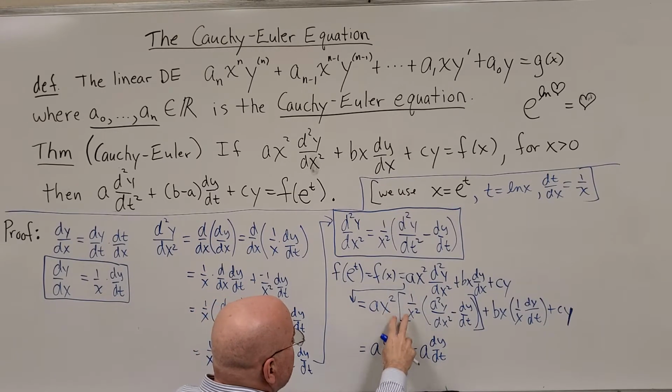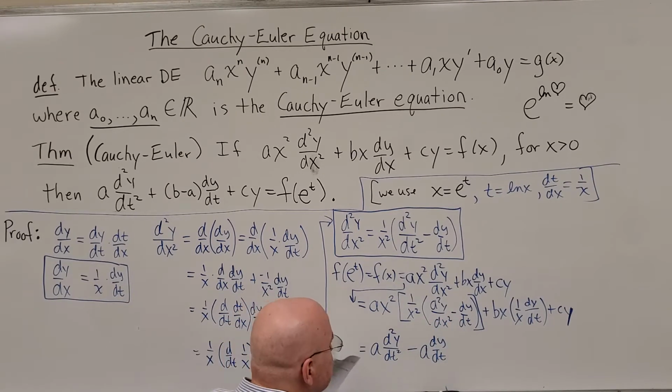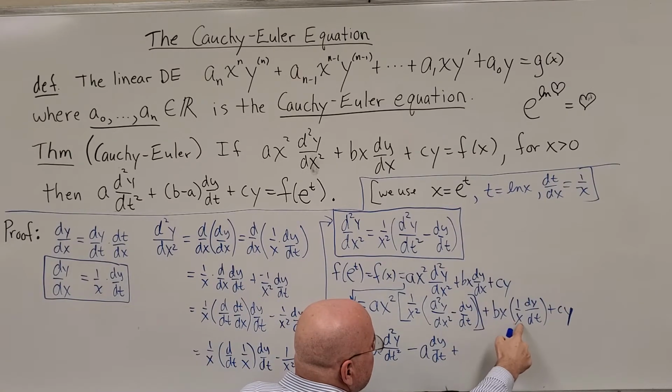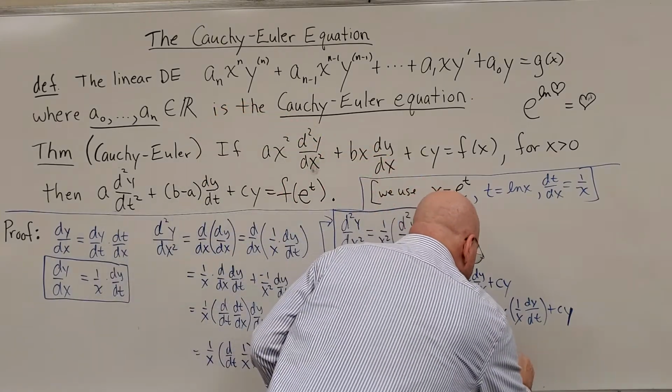So the x's went away, and I've got a times this second derivative minus a times this derivative. Now we're moving on to the b's. Plus, the x's cancel out, so I get b dy/dt, and we'll just keep plus cy the same.